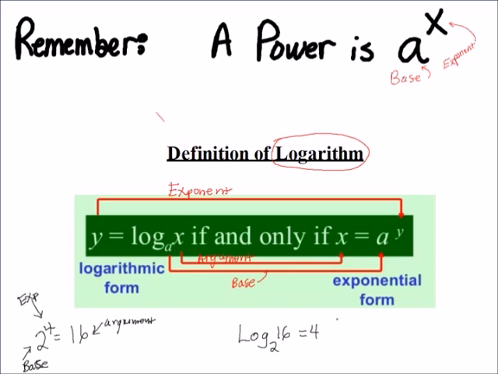So basically the question that you want to ask here is what exponent makes 2 into 16? And the answer is 4, obviously.